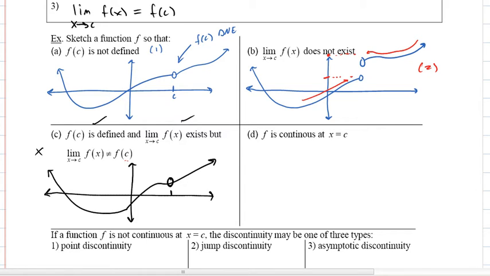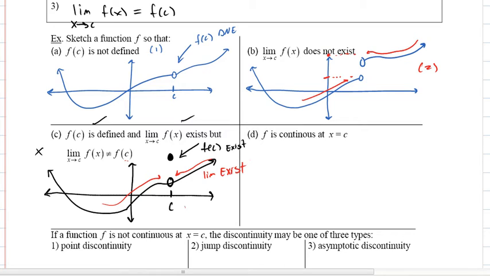So there's an open dot here, and I'm going to draw a dot up here. Okay, so this dot tells me that f of c exists, which is the first condition of continuity. And because the limits seem to be approaching the same number, the limit exists.